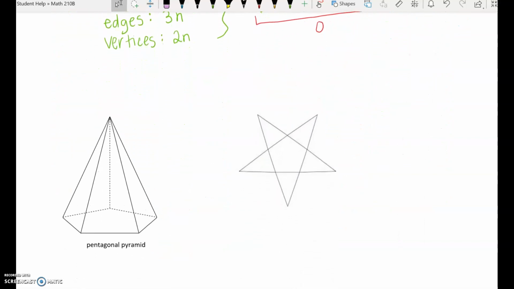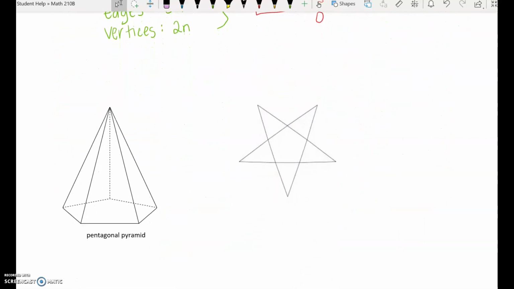For the second example, I'll look at a pentagonal pyramid. That's a tongue twister. All right, for this example here, the number of faces is, I've got 1 as a base, and then I've got 5 triangles as the lateral sides, so a total of 6.